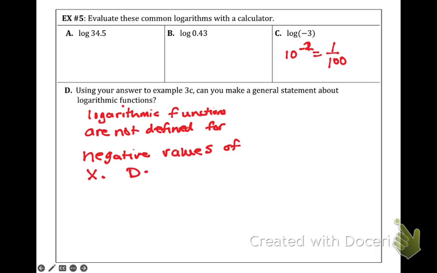So our domain is going to be from 0 to infinity, but not including 0, because there's no way for me to get 0 either.